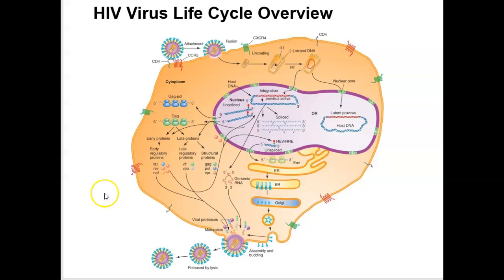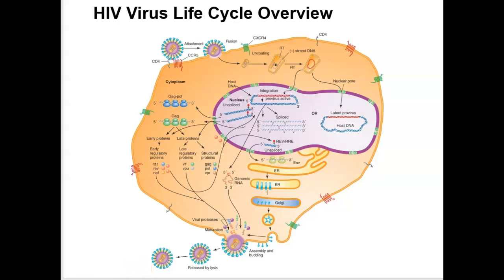It can permeabilize membranes to calcium, and it can trigger apoptosis. So VPR has lots of functions. All of these proteins are going to meet up at the plasma membrane. The matrix is going to help trigger fusion, and then tetherin is antagonized so the virus can get released.